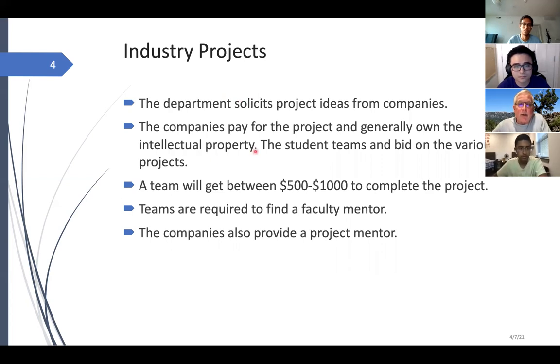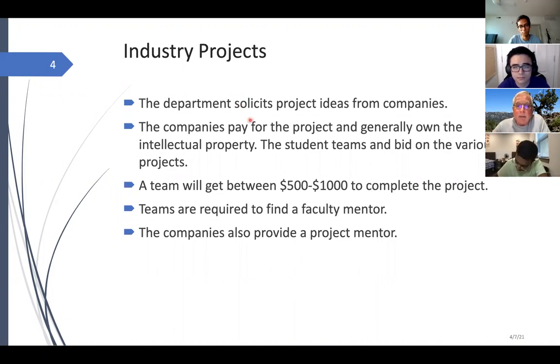So first, let's start with the industry projects. So the industry projects, the department actually goes out and solicits project ideas from companies. And the companies pay for the project, but they also pay some money to the department that the department uses for various things associated with senior design.